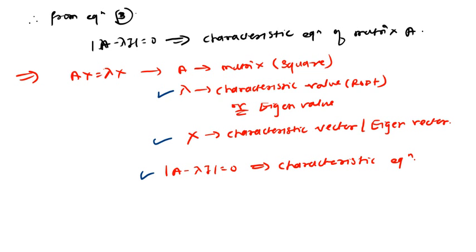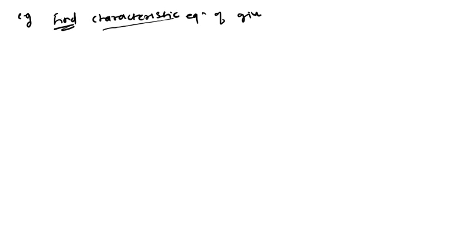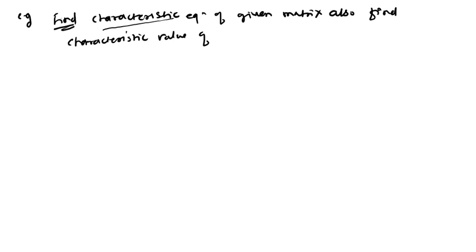Now, for example, find the characteristic equation of the given matrix, and also find the characteristic values of A equal to, suppose, 6 0 0 1.